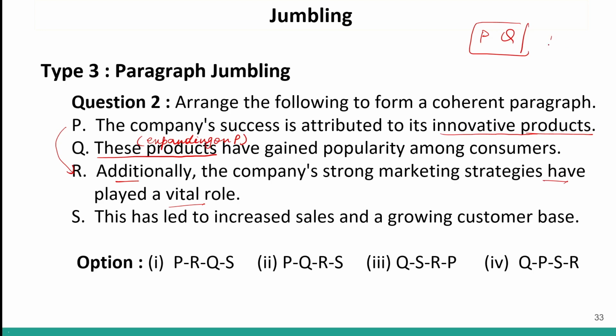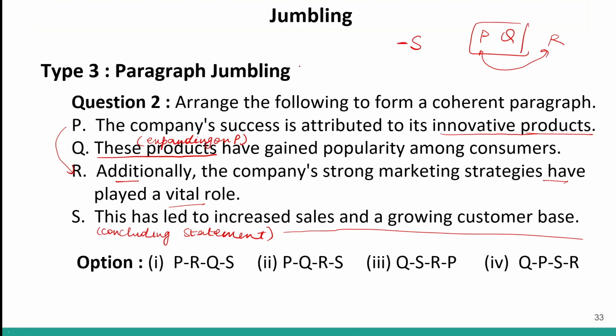So I can say that R will come after P, correct? Then S. This has led to increased sales and a growing customer base. So this can be your concluding statement. My concluding statement is S.